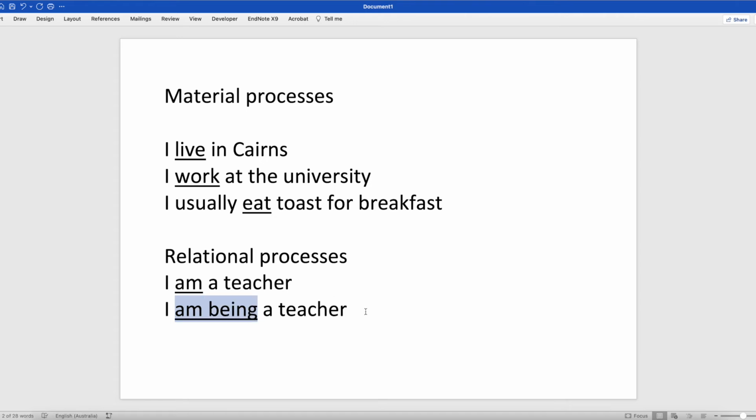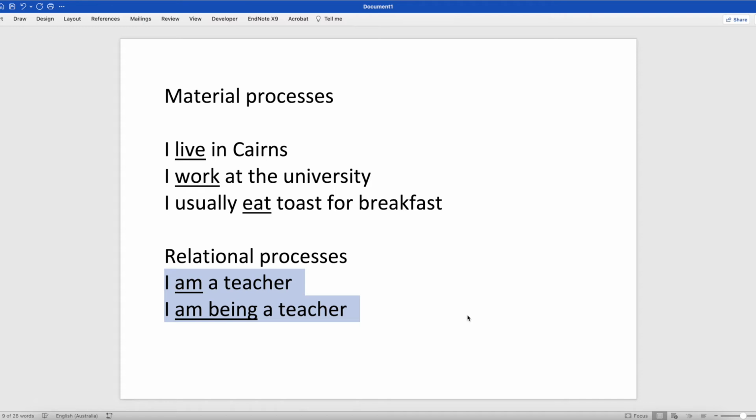One of these sentences means that my job is a teacher and I teach every day. And another of the sentences means that my job is not a teacher, but today I'm just doing it temporarily, or I'm pretending to be one.